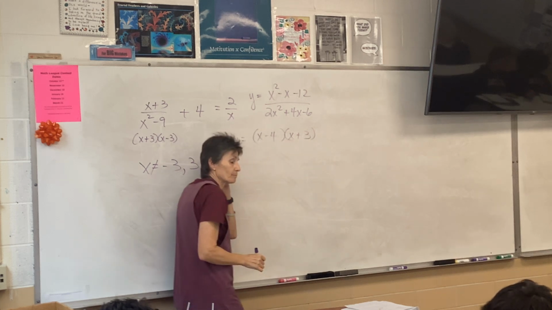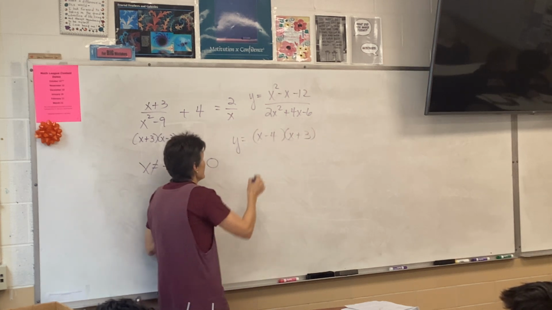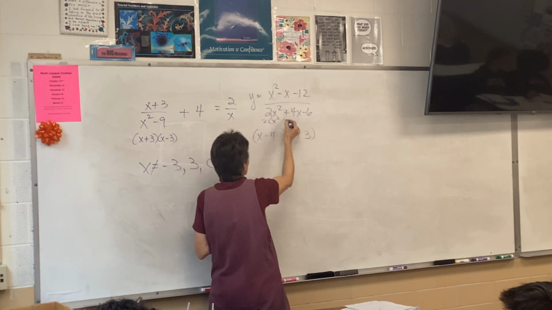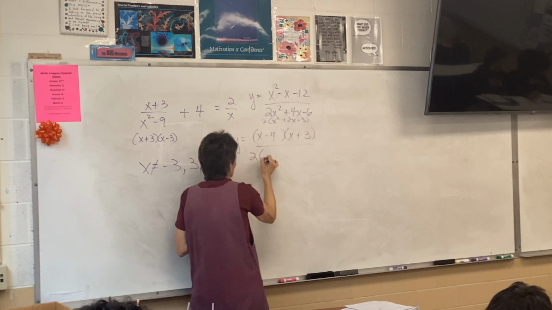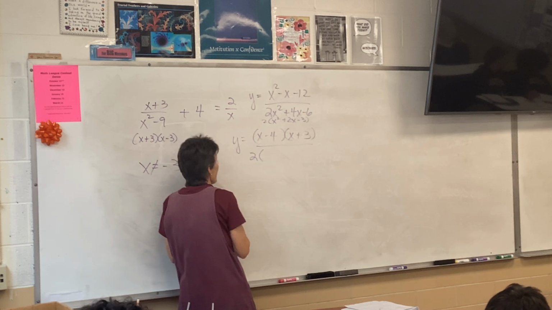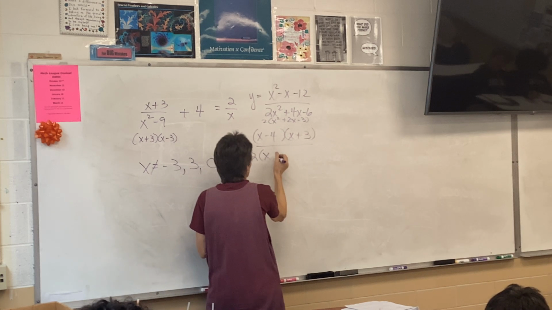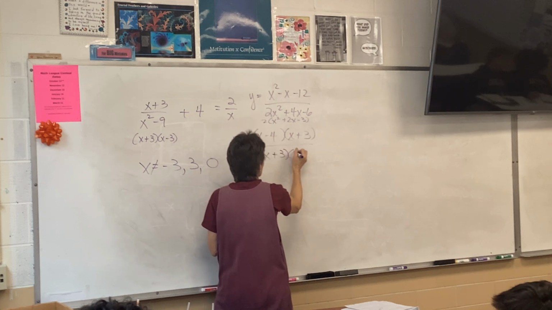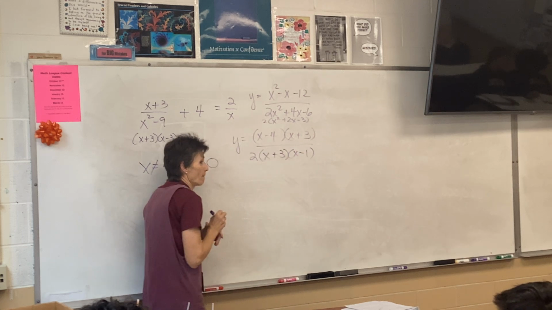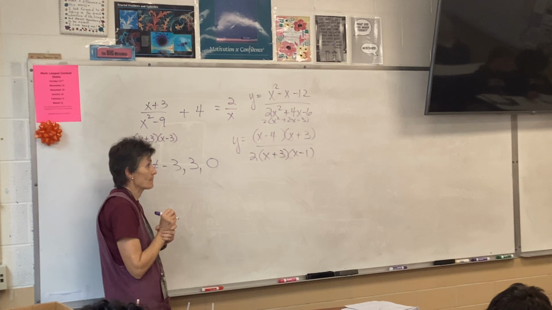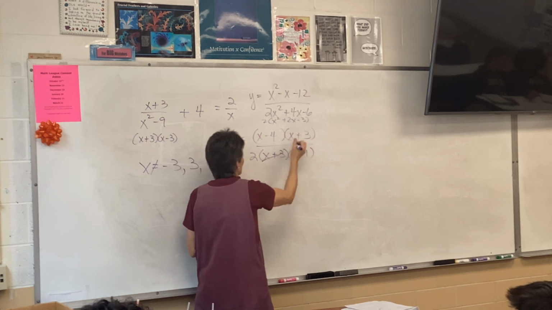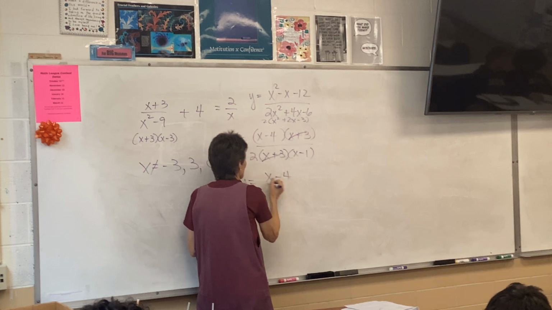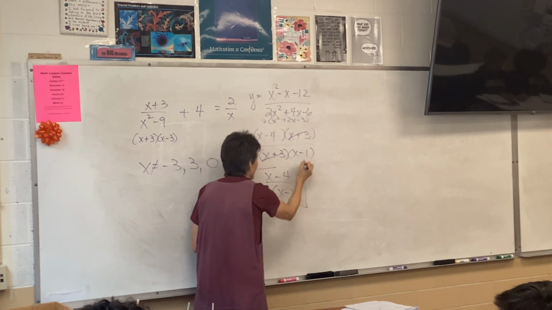And then you can take a 2 out of the bottom, then it factors as X plus 3 times X minus 1. And we can cancel. So we are going to graph that.